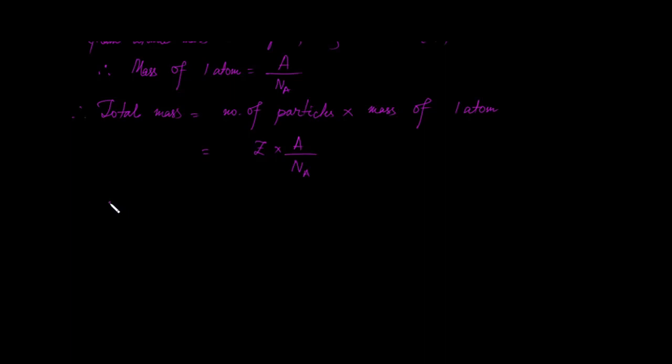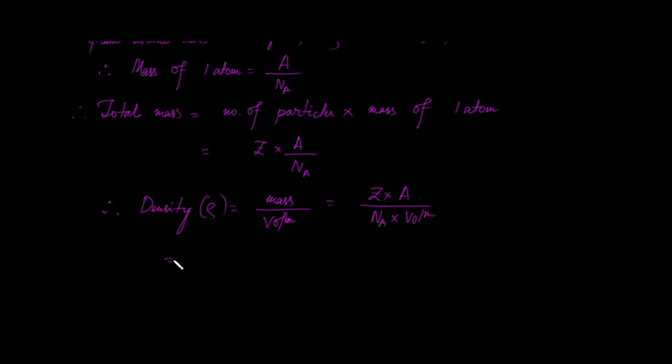Therefore density rho is mass per unit volume. So the total mass, z into A divided by N A, divided by the volume a cube.